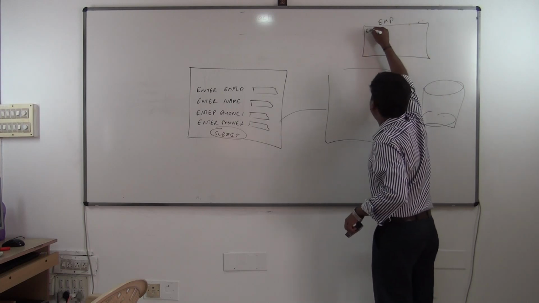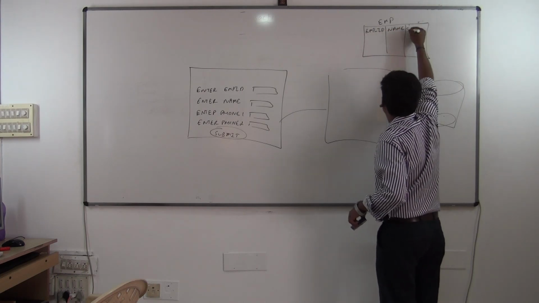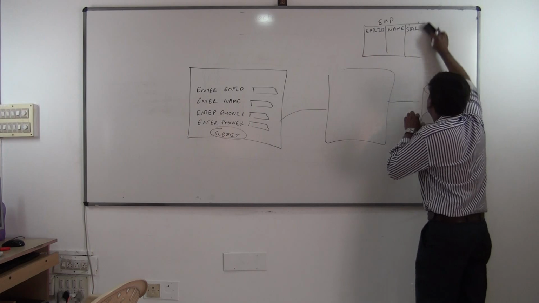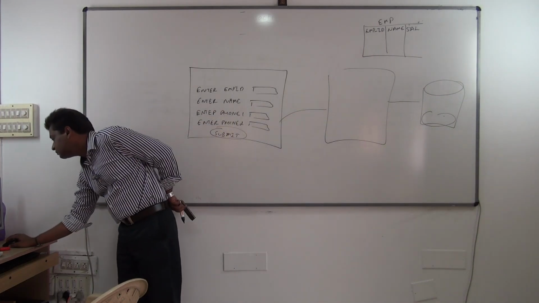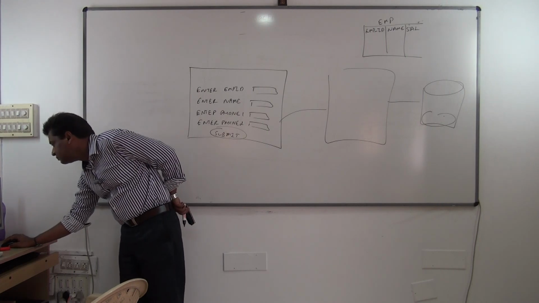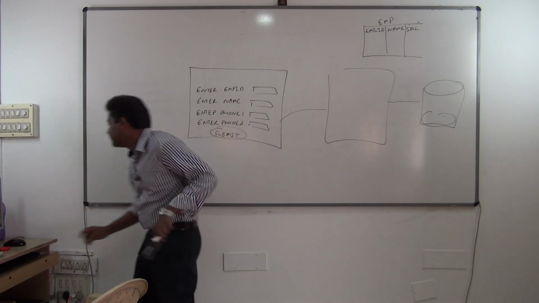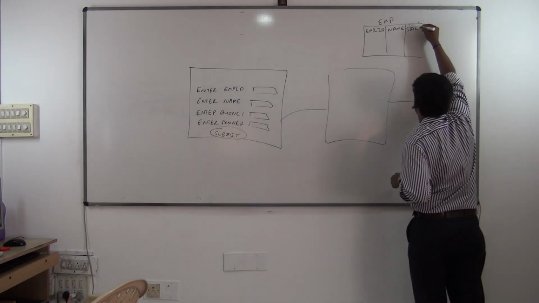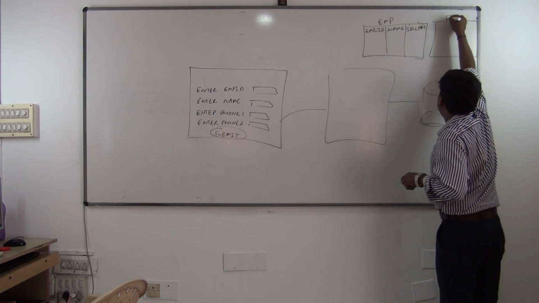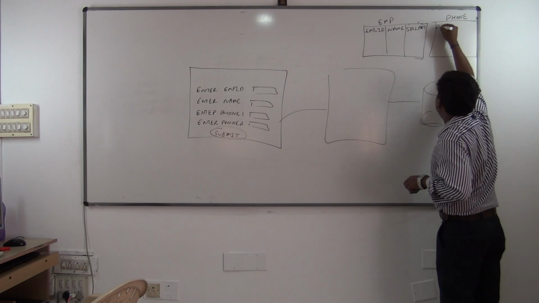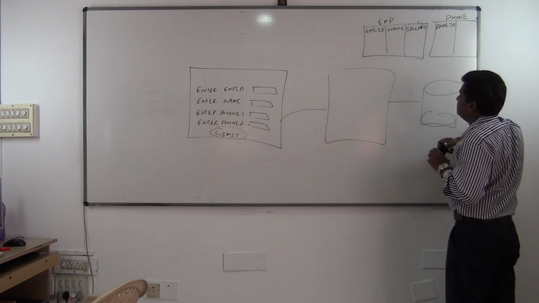Employee ID, name, assuming that salary, or what I'm having, let's see. Yes, salary. So this is one table now. And there will be one more table which I will create now called phone. Phone ID. I need placement.